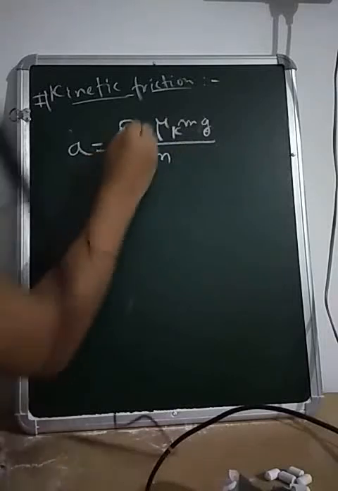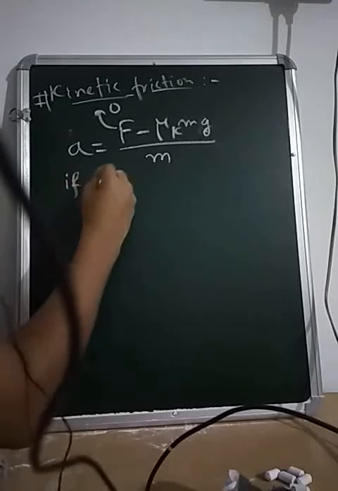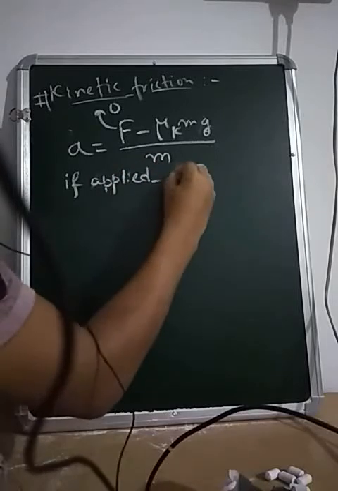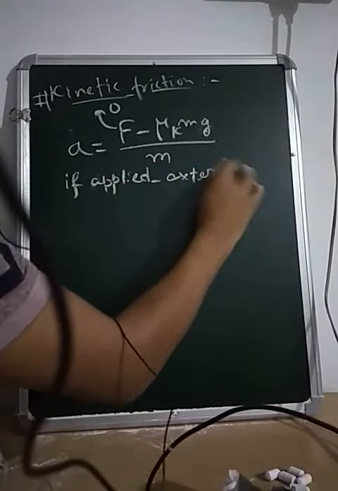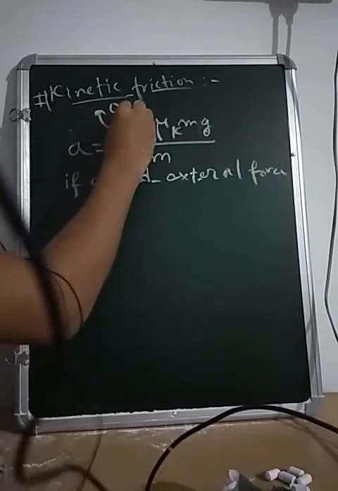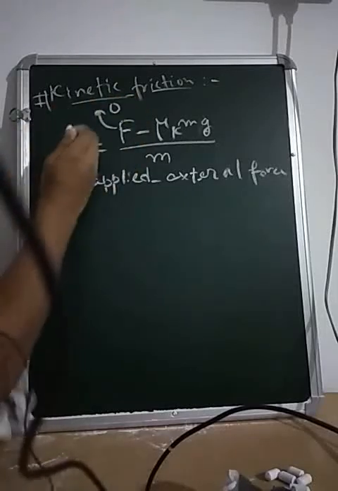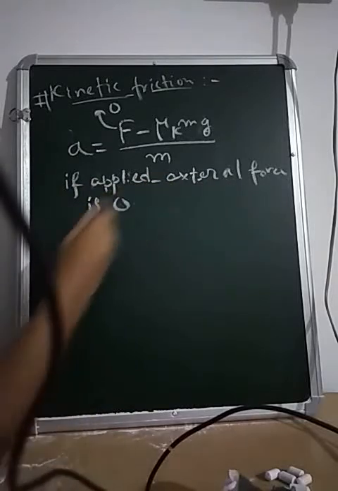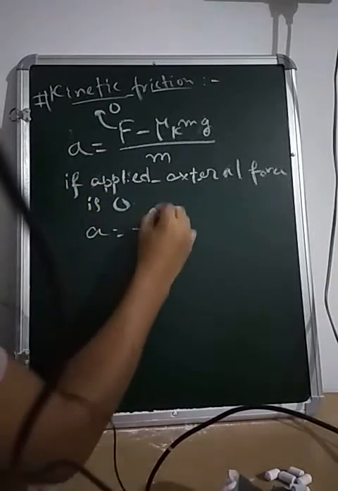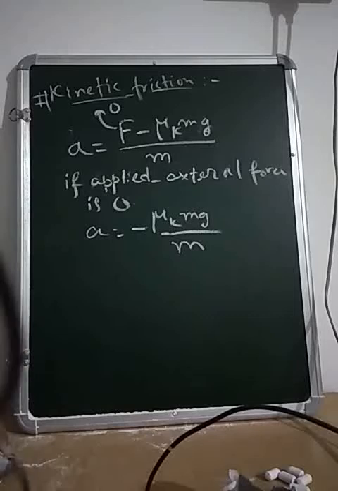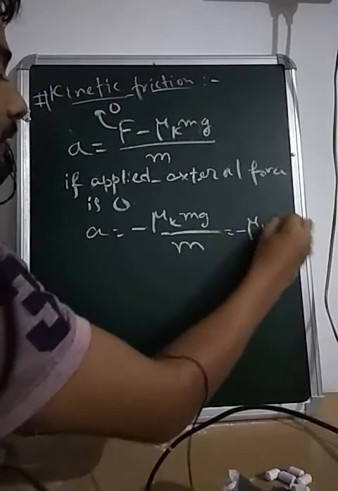Now if the applied external force F is 0, then, note that on this side we write the net external force ma, and this F is the applied external force, we get a equal to minus mu k mg by m, or minus mu k into g.